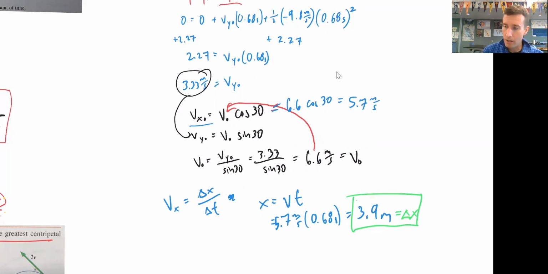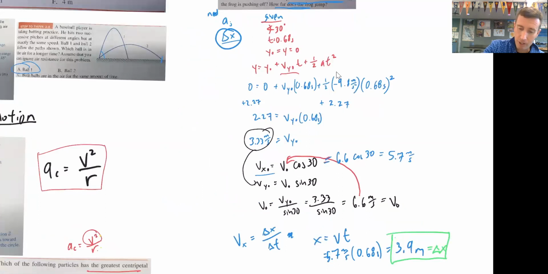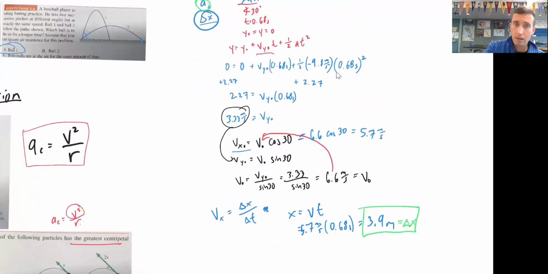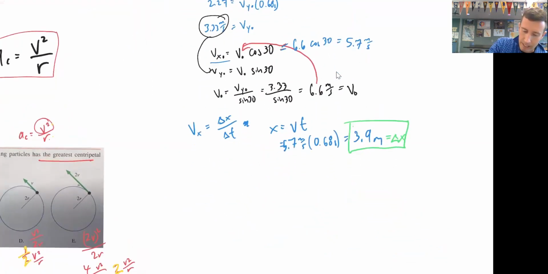I know that I need the acceleration. Now I'm solving for acceleration of the jump. So let me just recap what I've got. I need the acceleration in the x component of the jump. What do I have in the x component?